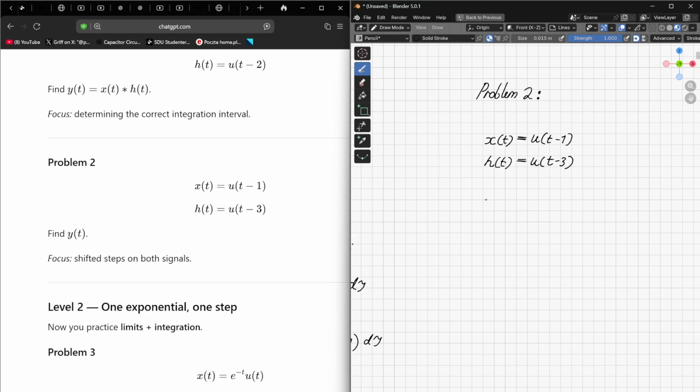And then I guess y(t) would just also be this here, x(t) convolution h(t). And then the convolution integral again.